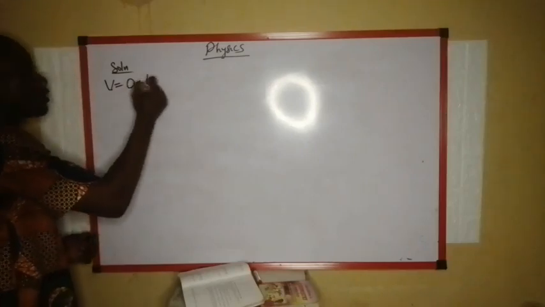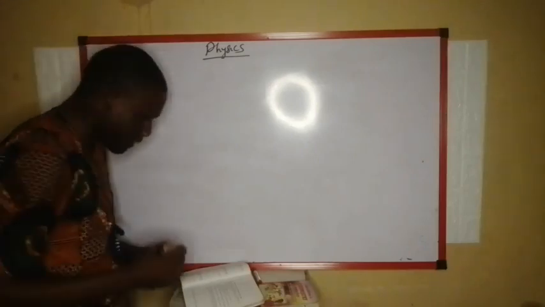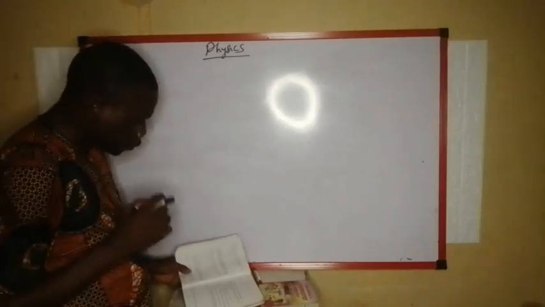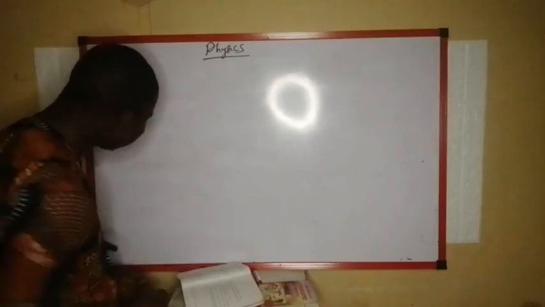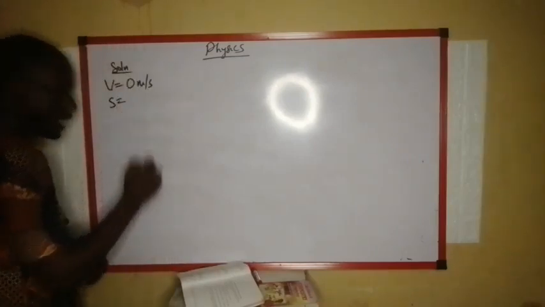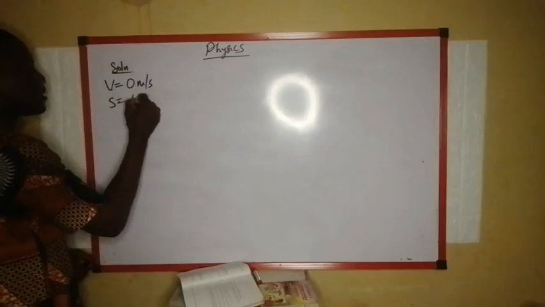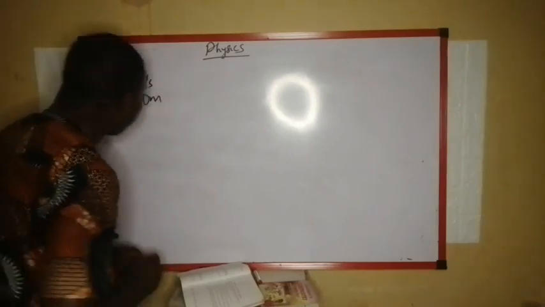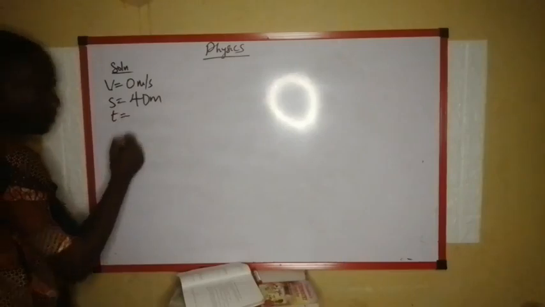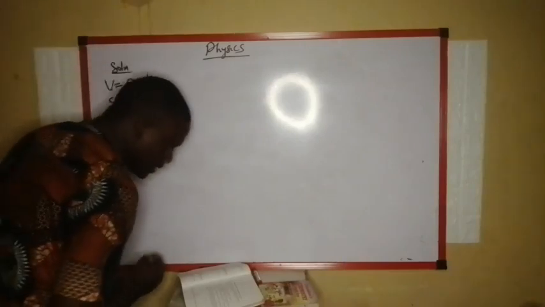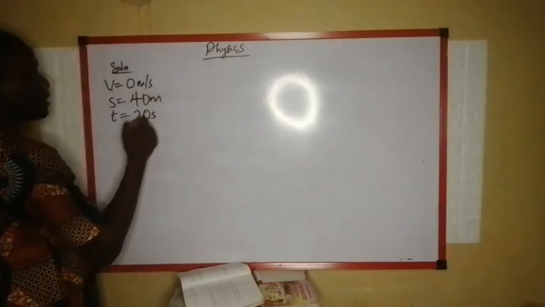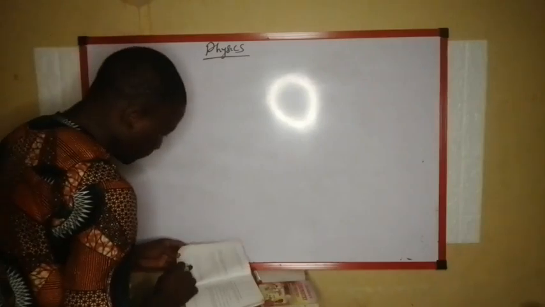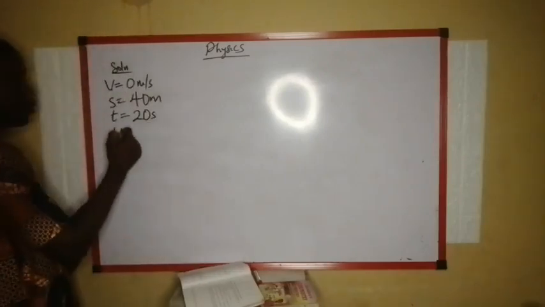Now, after applying that, they gave us the distance to be 40 meters. Then the time was given to be 20 seconds. Now we are told to find the initial velocity u.